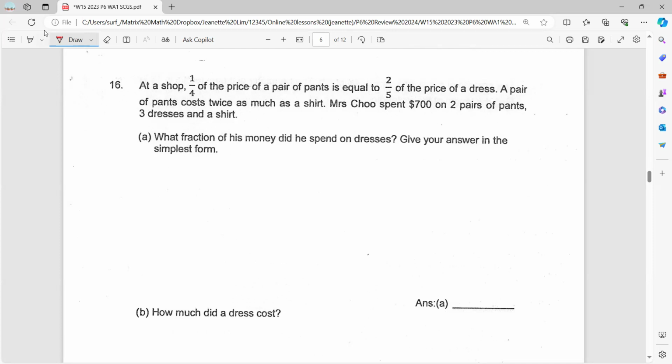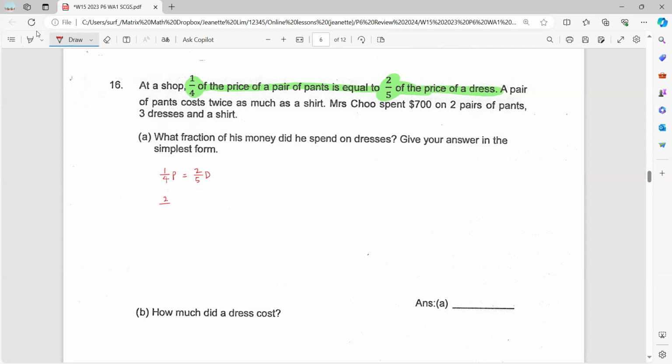Okay, so first, equivalent proportion, where you have this is equal to this. So let's write down 1/4 of pair of pants is equal to 2/5 of the dress. So in equivalent proportion, we always make numerator the same, not the denominator.